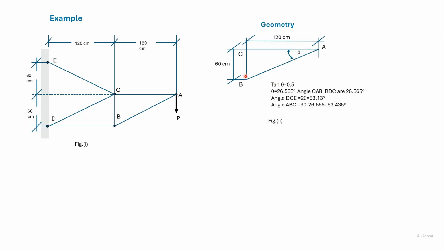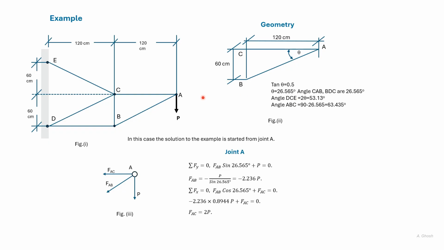Tan theta is 60 by 120, from which we find the angle as 26.6 degrees. Now this angle is the same as this angle because this is also 60 and 120. And the angle ECT is twice 26.6 degrees. The angle at B is 90 minus this angle, which we get as 63.4 degrees.